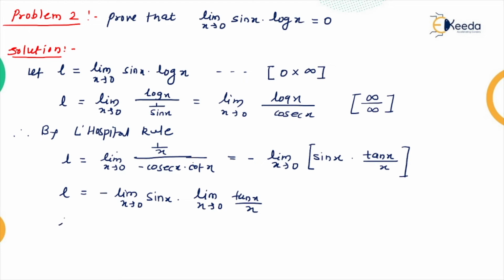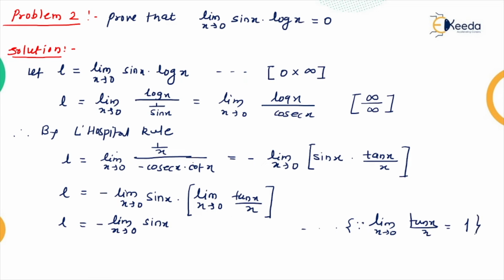So what remains is minus the limit as x tends to 0 of sin x, and inside this bracket the formula is 1. Therefore we directly apply the limit on this and we get the answer: the limit L is equal to 0.